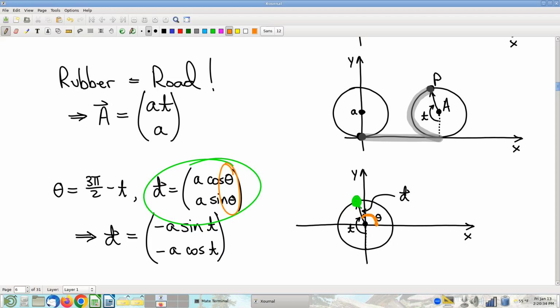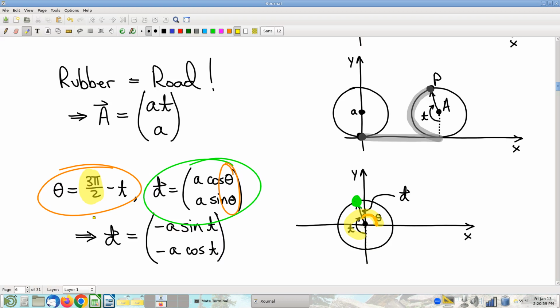So conveniently, I can write down an easy formula for theta in terms of t, based on the fact that these two angles always add up to 3 pi over 2. The bigger t gets, the smaller theta gets. So if they add up to 3 pi over 2, you can solve for theta.